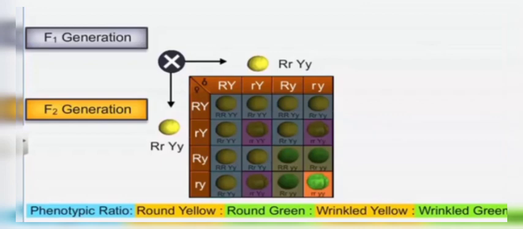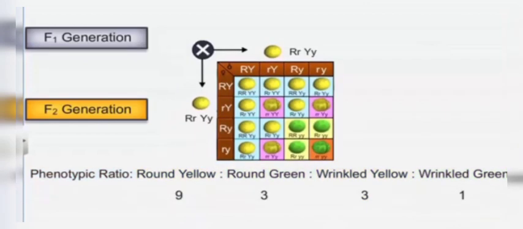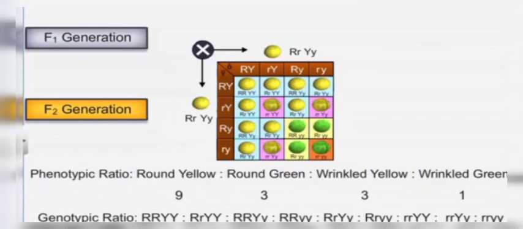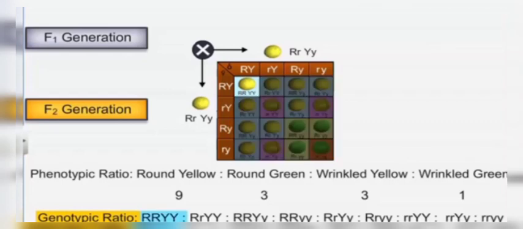Nine different genotypes result from the F2 hybrid, and the genotypic ratio is 1:2:1:2:4:2:1:2:1.